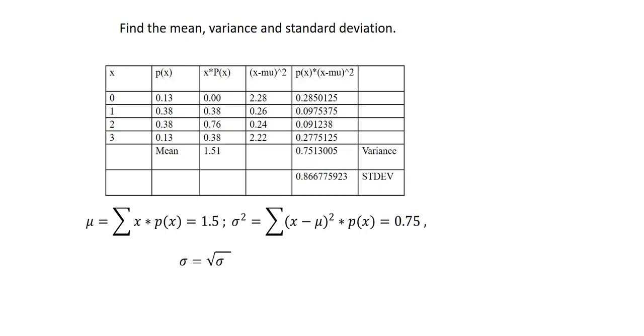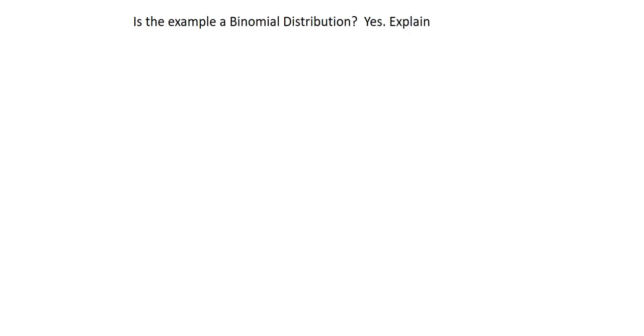Next, I simply find the standard deviation by taking the square root of the variance. So the square root of 0.75 gives me 0.87.